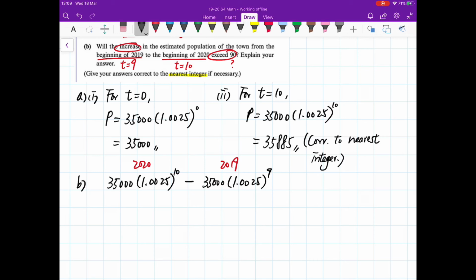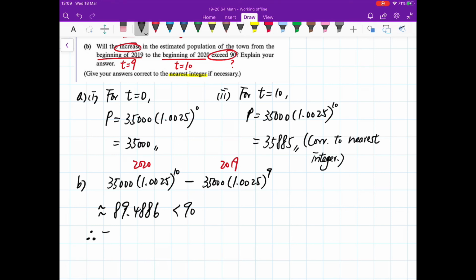Okay, and as we are going to find the difference, that means we have to put a minus sign in between, and therefore again we calculate the numbers, and the result gives us 9089.4886, which is greater than 90.